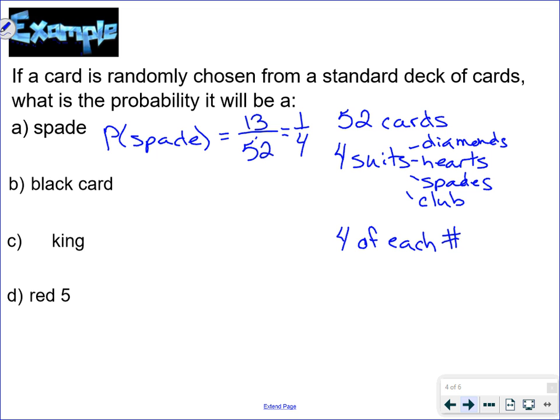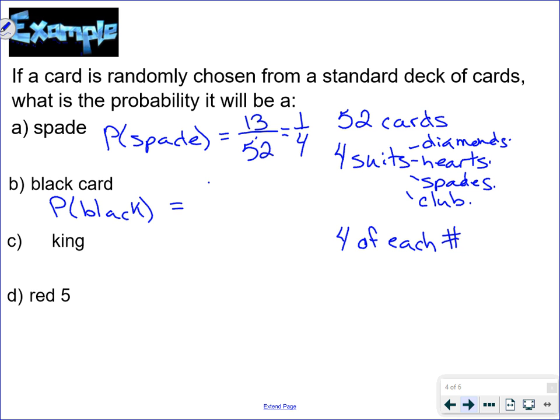Next one says, what is the probability of picking a black card? We know that a deck of cards is split into half red cards and half black cards. If we look at the suits, there are red cards of diamonds and hearts and black cards of spades and clubs.